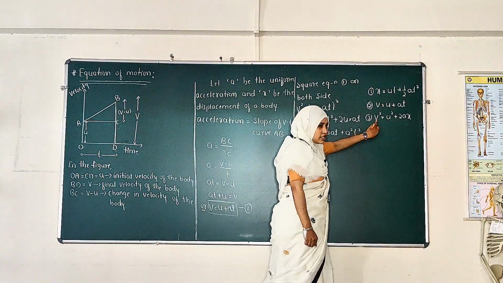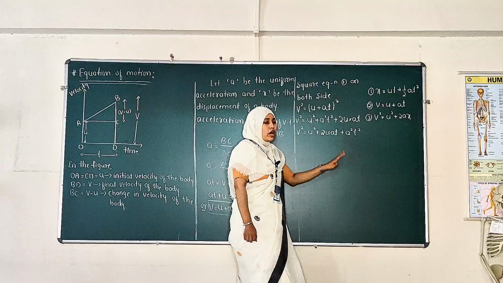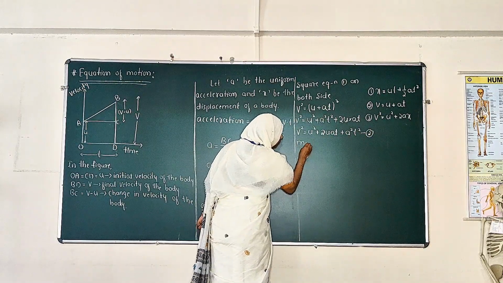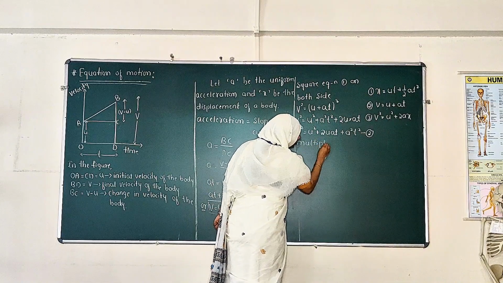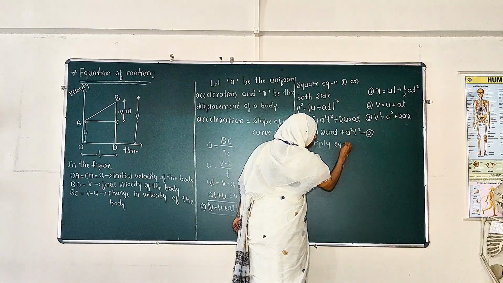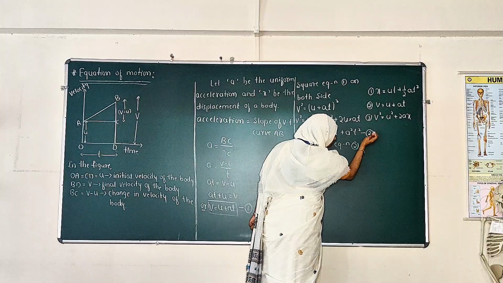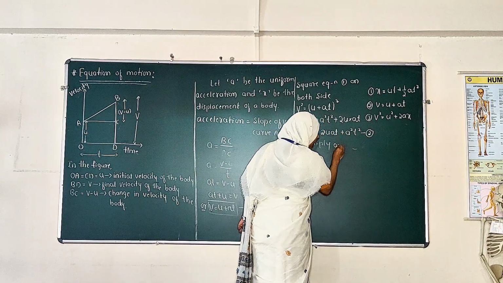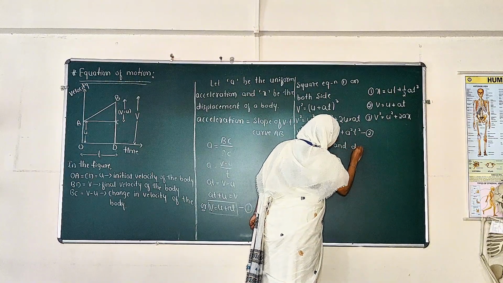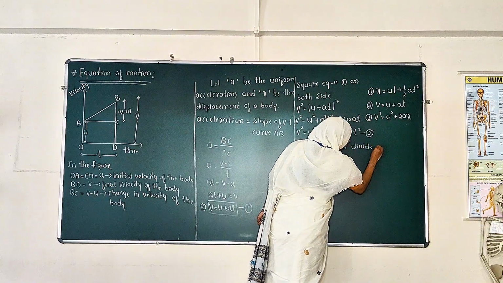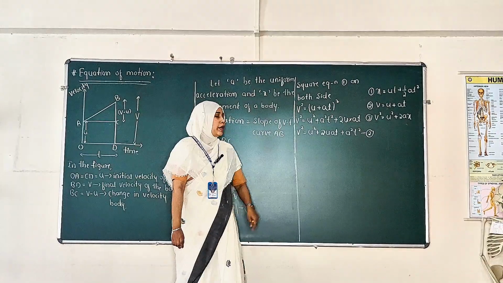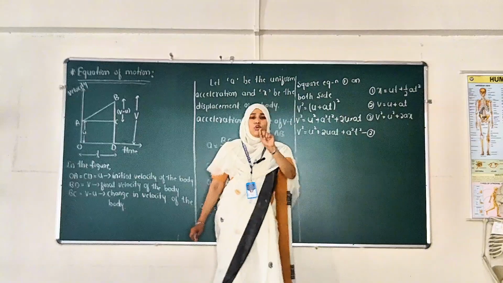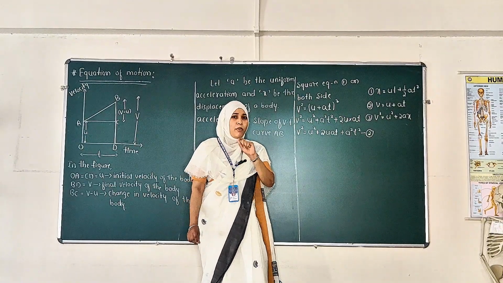To get this standard equation, we have to remember one thing. Name it equation 2. To get the standard equation, v square is equal to u square plus 2ax, we have to do one very important step.